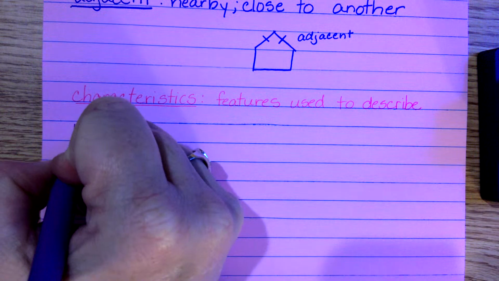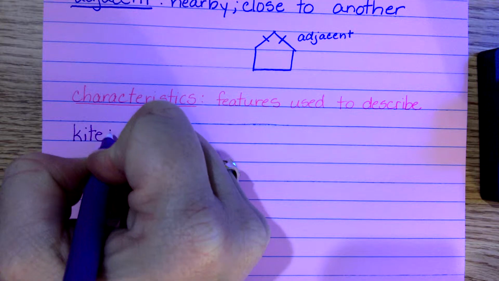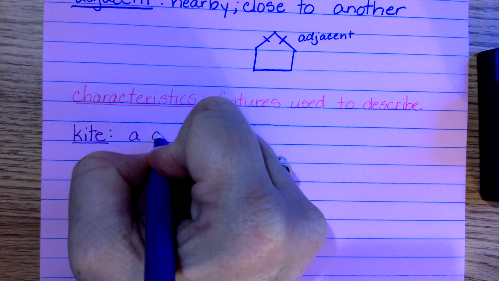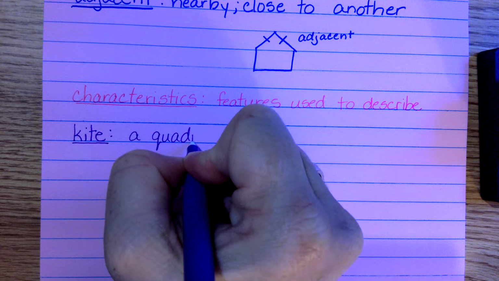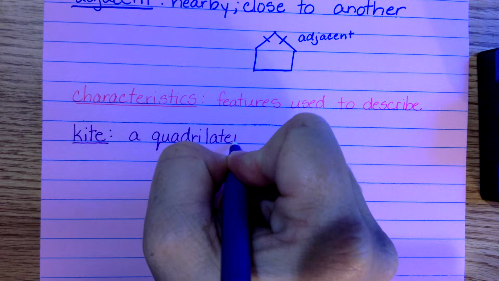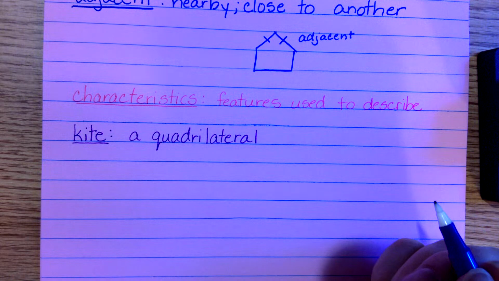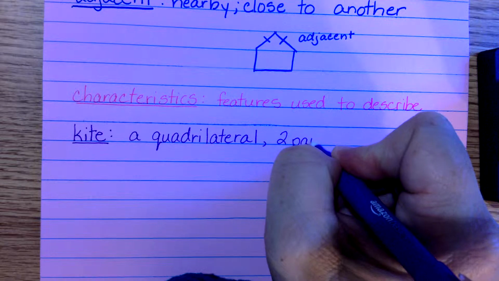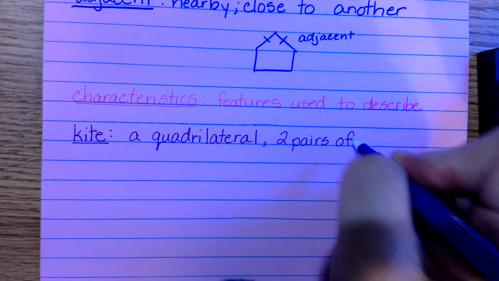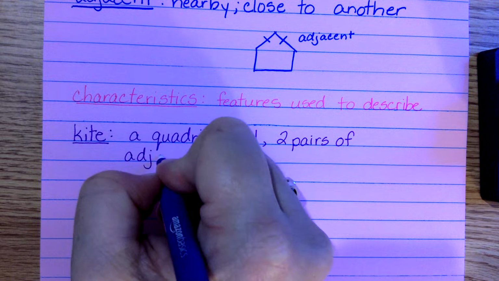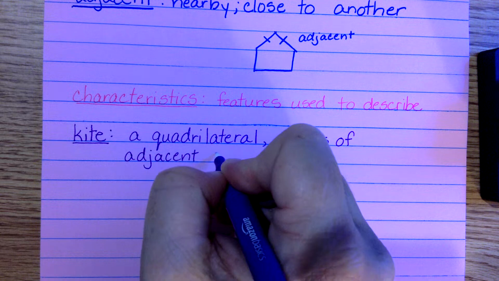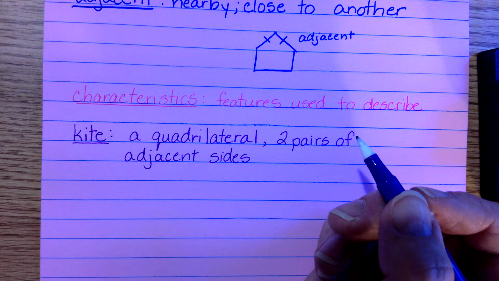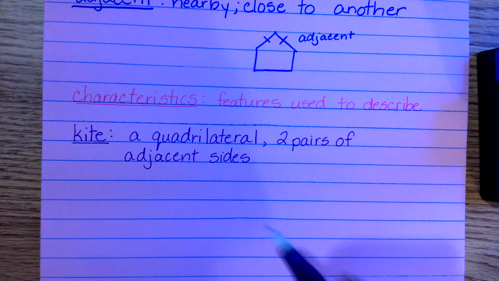A kite. How many of you like to fly a kite? A kite is a quadrilateral that has two pairs of adjacent sides, so two pairs, with sides in each pair equal to each other.